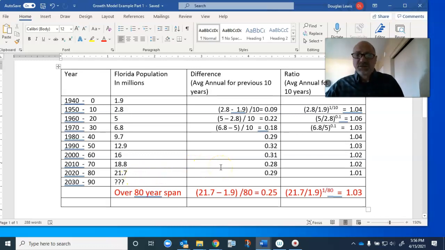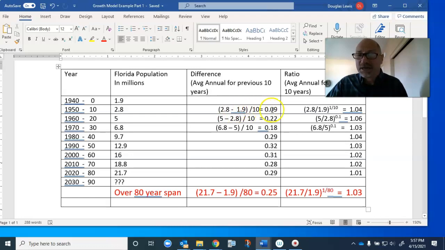So here's what you need to do, in both cases, whether you end up using the common ratio for the exponential or the common difference for the linear. For the linear, the common differences you get from subtracting. Now, I made this a little harder than I needed to, because these go every 10 years. So when I go 2.8 minus 1.9, that is not an annual difference, that's a 10-year difference.